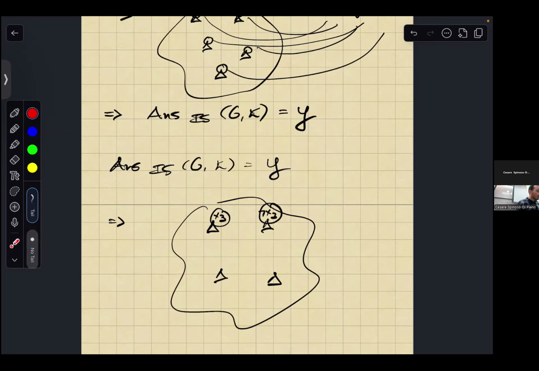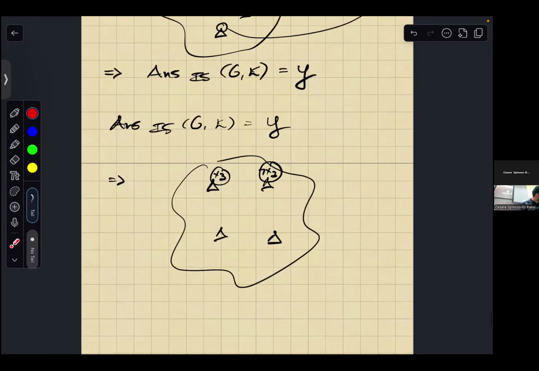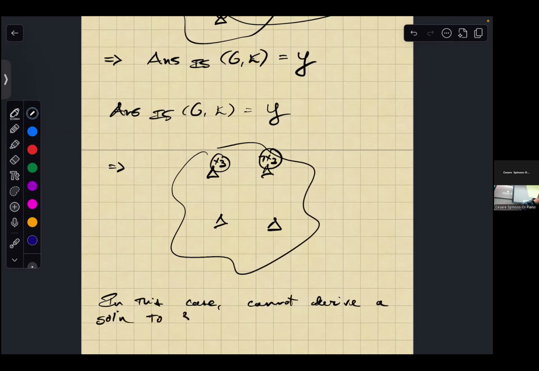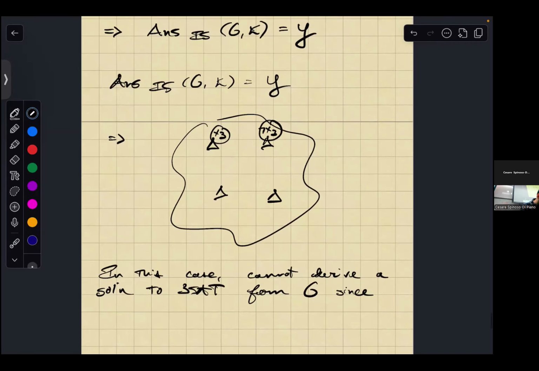So in this case, I cannot derive a solution to 3-SAT from G, since, for instance, not x3 is true and x3 is true. These both cannot be true, so this is impossible.